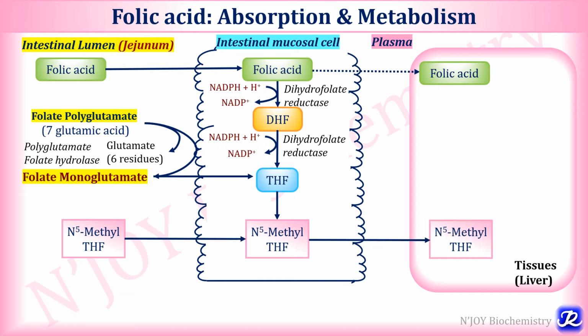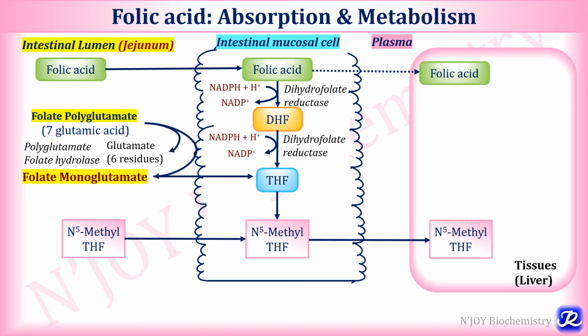So here the nucleus stops maturation, but cytoplasm maturation and Hb synthesis continues. So there is asynchronous maturation between cytoplasm and nucleus, and because of this there is a formation of abnormally large erythrocytes which are called macrocytes.